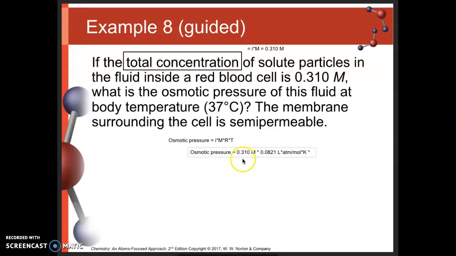Temperature is 37 degrees Celsius. Now before we go putting in that 37, take a look at my units here. I need temperature to cancel. I've got Kelvin units here, Celsius units here. So I'm not going to put in Celsius, I need to convert this to Kelvin. Kelvin temperature, remember, is 273.15 plus 37.